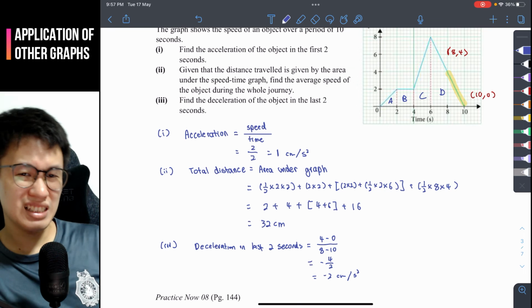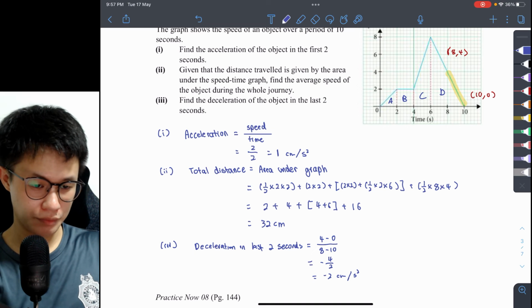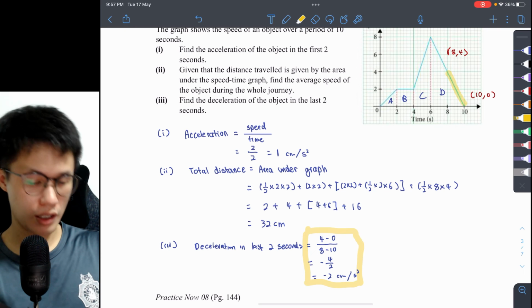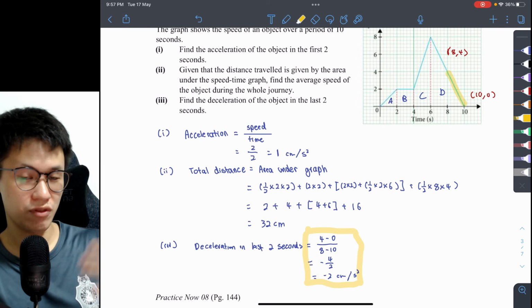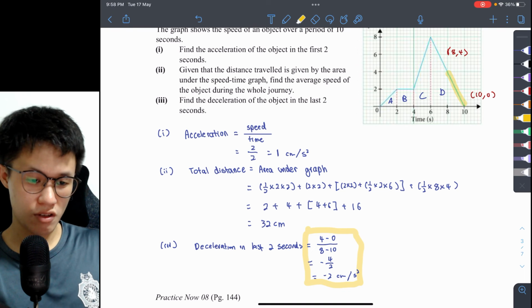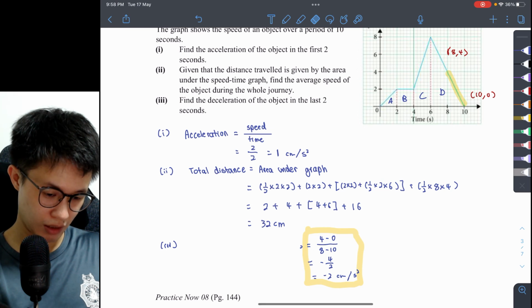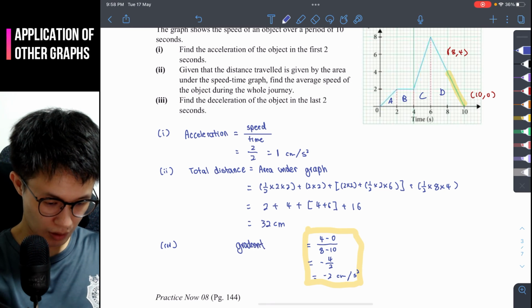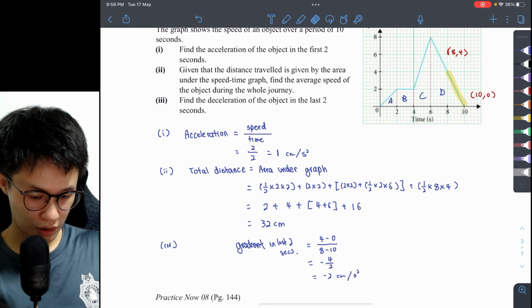Technically it's kind of correct, but what you must understand is that in this process you're finding the gradient, and when the gradient is negative, it tells you that it's going down, which just means it's deceleration. So instead of writing this, I'm going to write that the gradient in last 2 seconds equals this whole working here.